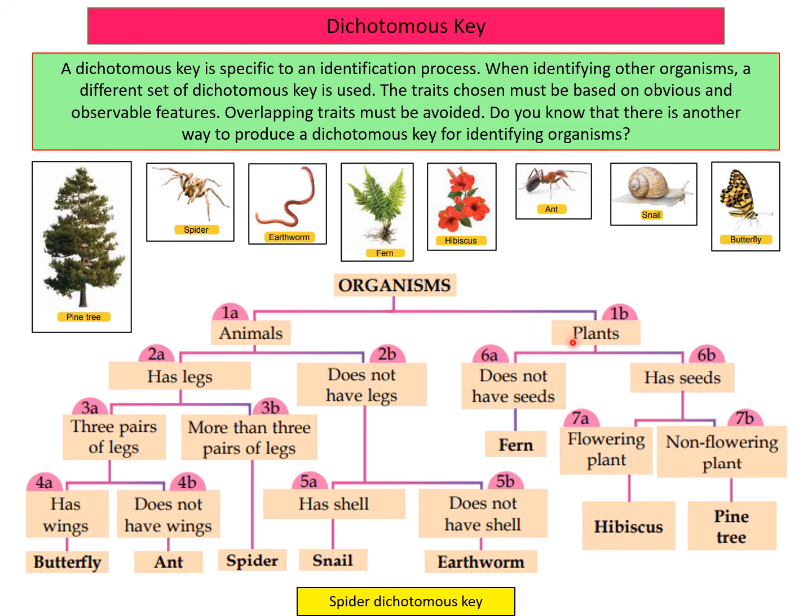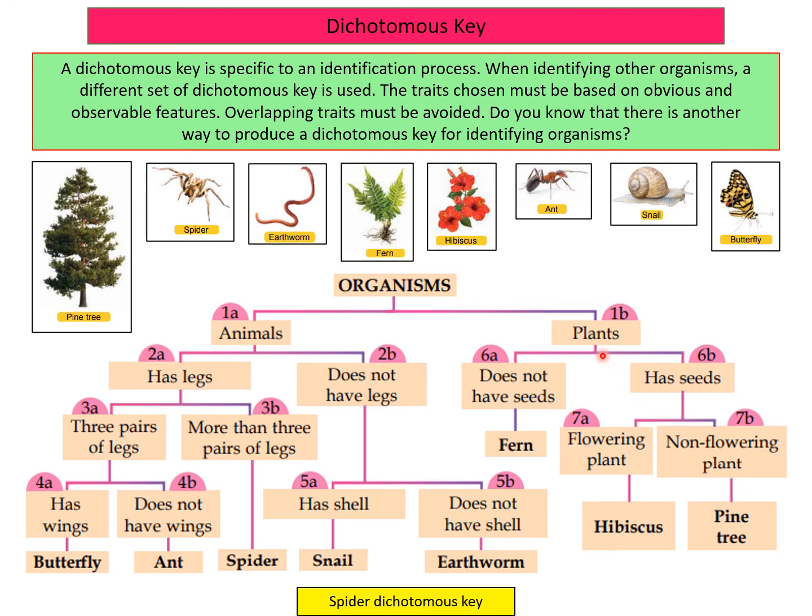Hibiscus is a plant. We put does not have seed or have seeds. Hibiscus has seeds. So is it a flowering plant or non-flowering plant? Hibiscus is a flowering plant, so it stops here. So hibiscus is a flowering plant, has seeds, and is a plant.